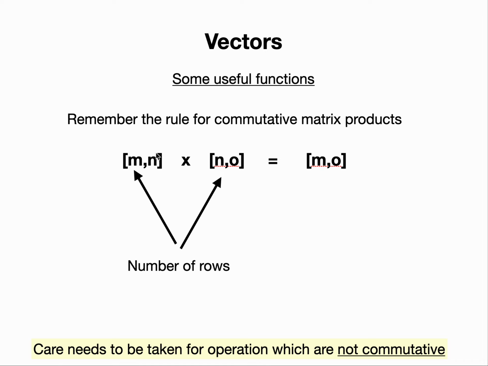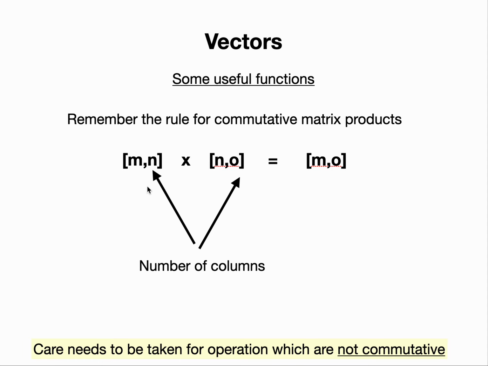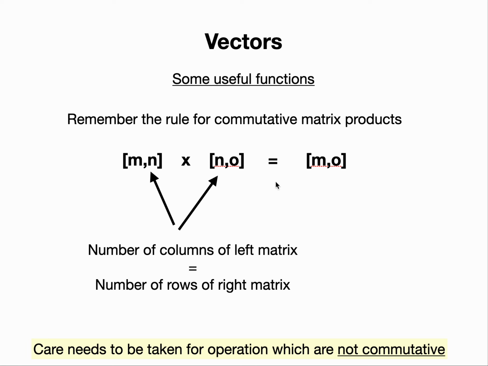So it's always the inner dimension here that should be equal. This you need to remember from linear algebra. So number of rows, number of columns, and if the number of columns of the left matrix is equal to the number of rows of the right matrix, then it will work out.